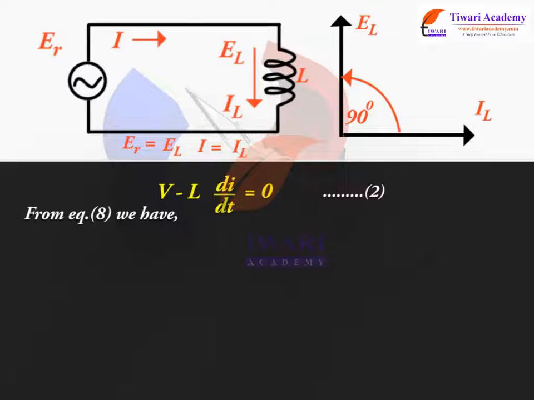From equation 2 we have di/dt = v/L = Vm/L sin ωt. Equation 3.